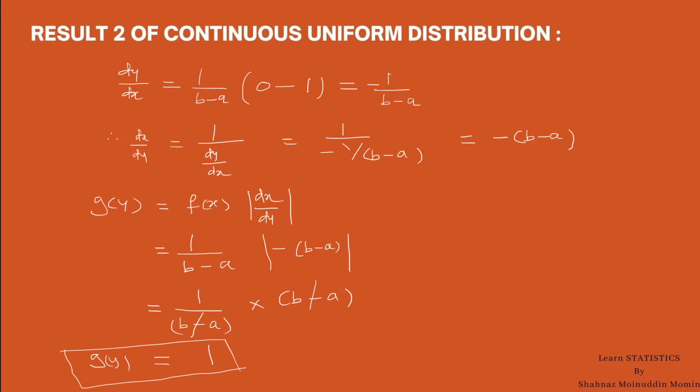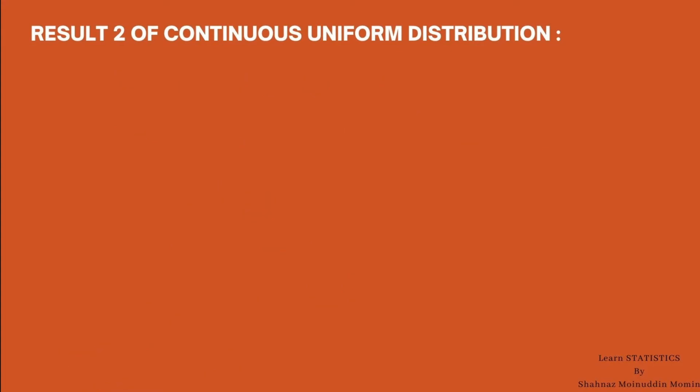The one point remaining is only to obtain the range of Y. As we know that X lies between a and b, and Y equal to b minus X divided by b minus a, we shall calculate the limits of Y for x equal to a and x equal to b.